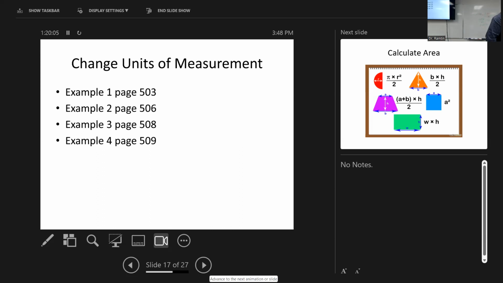It says convert 27 meters to centimeters. Now let's do that also. 27 meters, we want to get to centimeters.